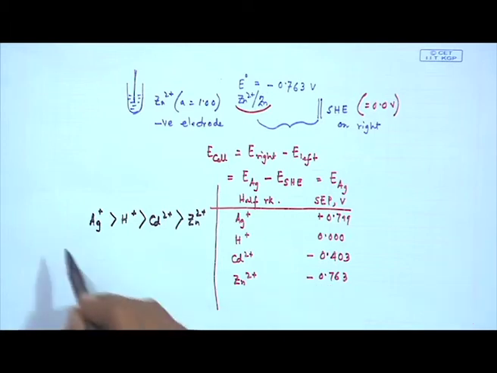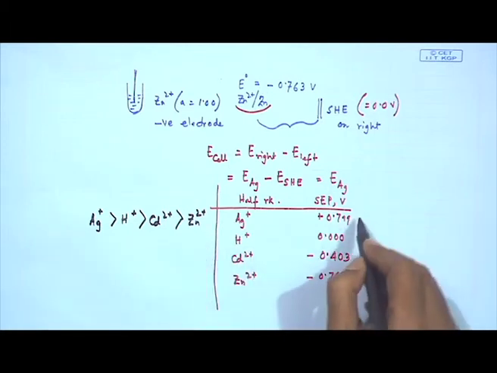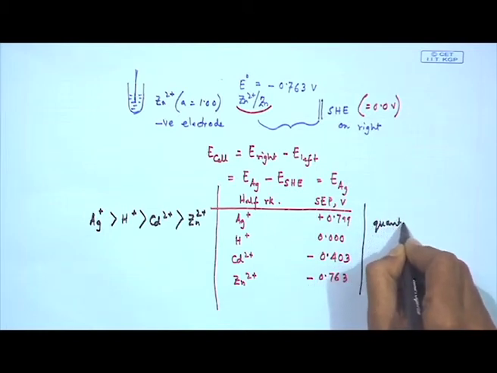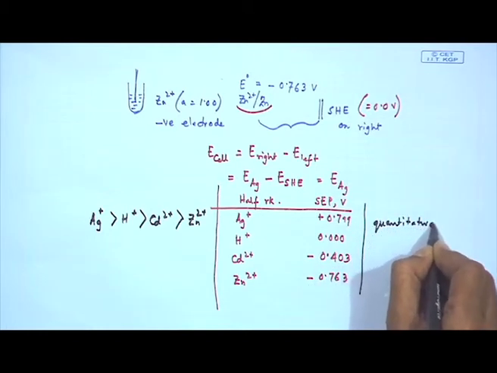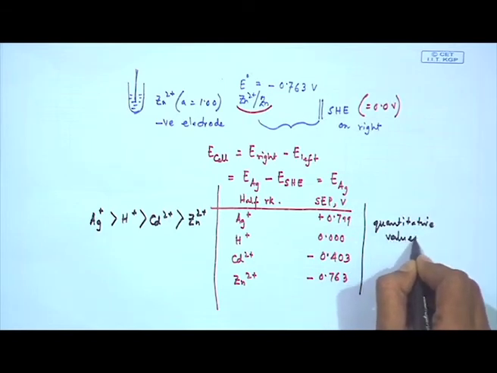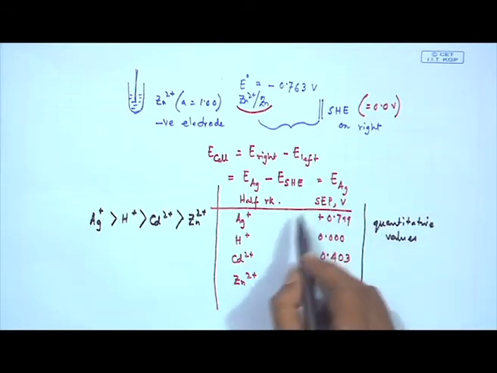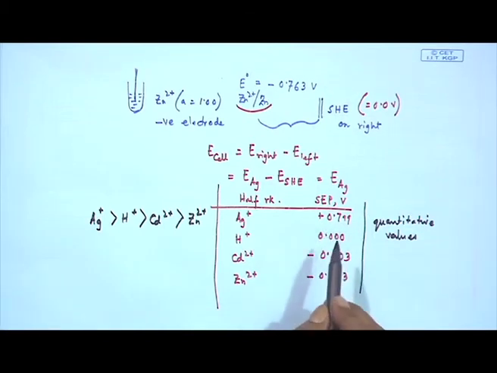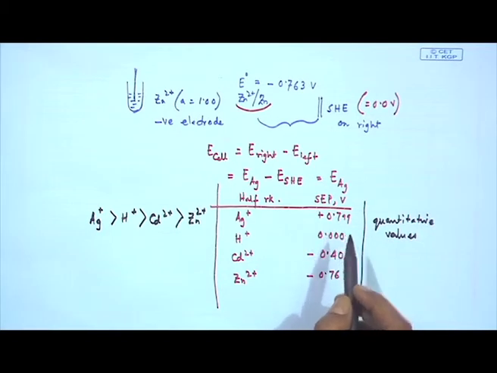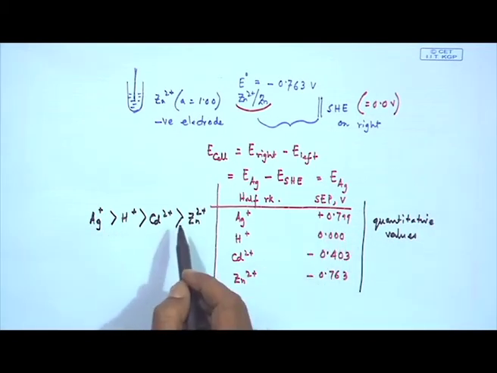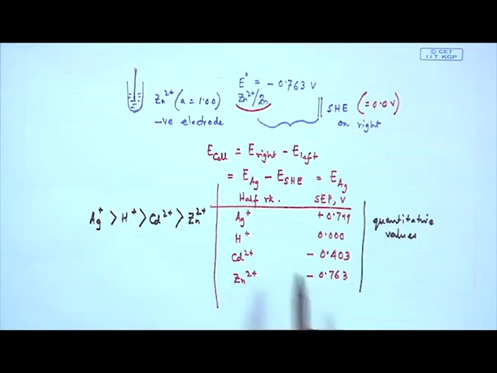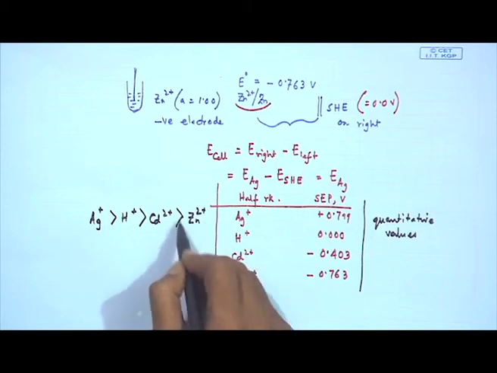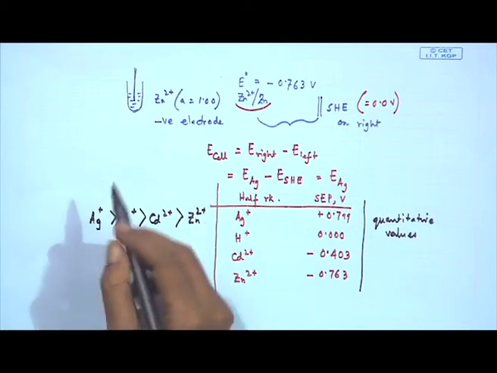So, these are the confirmation and the quantitative values for standard electrode potentials, and these are universally true for applying to any chemical reaction. So, the relative strength of the different ionic species as electron acceptors, that means oxidizing agents, in decreasing order, means zinc is the weakest and silver is the strongest.